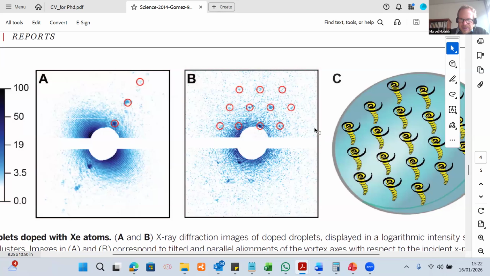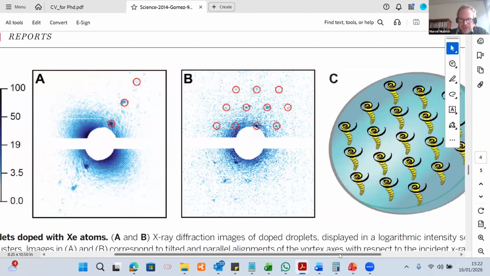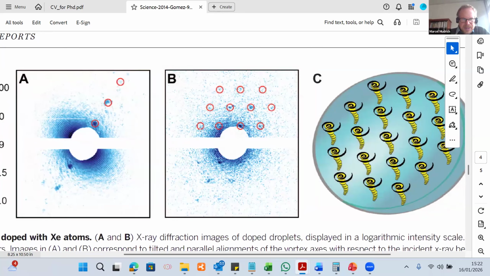That became visible by producing these periodic and regular Bragg diffraction type patterns. This looks almost like Bragg peaks when you do diffraction imaging of a crystal, but obviously it's not a crystal, it's a superfluid helium droplet that contains vortices.